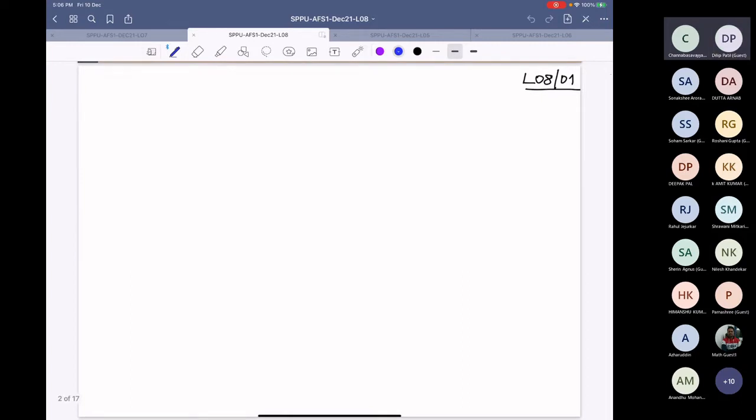So suppose G is a group given to us. And suppose it has subgroups N and H. These are two subgroups.